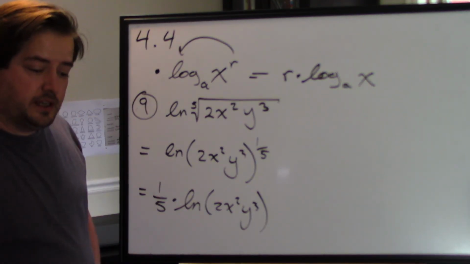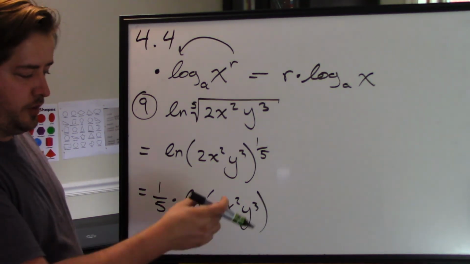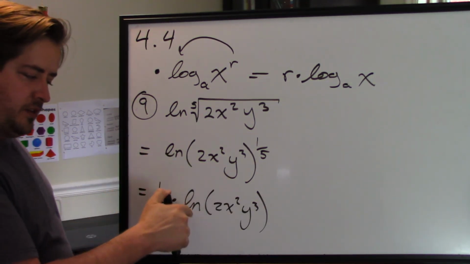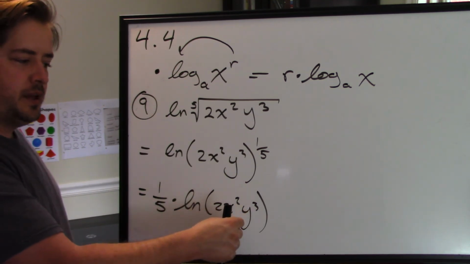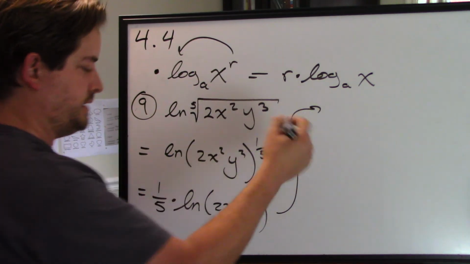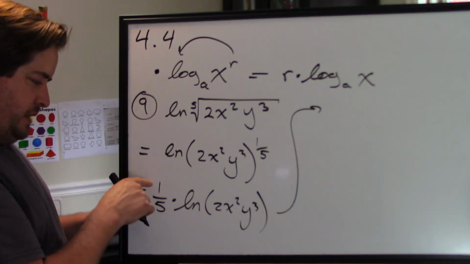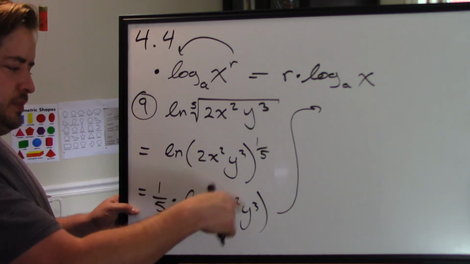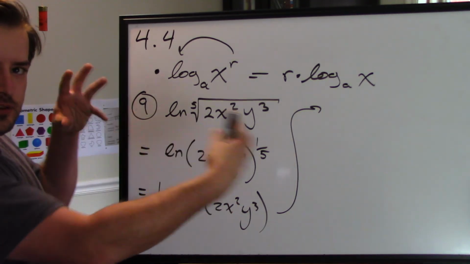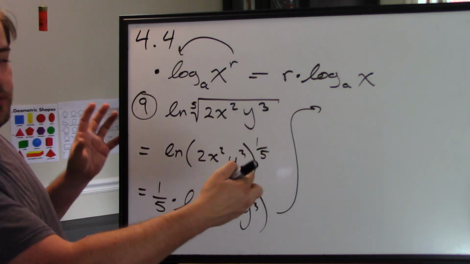Now I want you to continue to break this up, so I'm going to use the sum formula. I'm going to go kind of backwards. The natural log of a bunch of junk multiplied can be rewritten as the natural log separate of each of these added. So be careful because I've got this 1/5 multiplied by this natural log. So if this natural log expands into a sum, it's still 1/5 multiplied by that result.